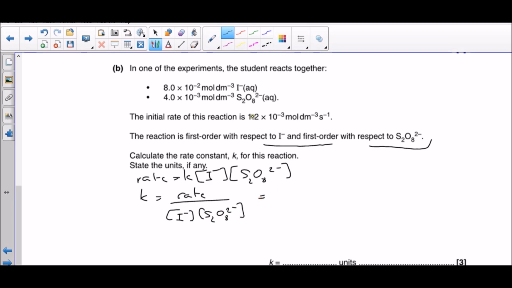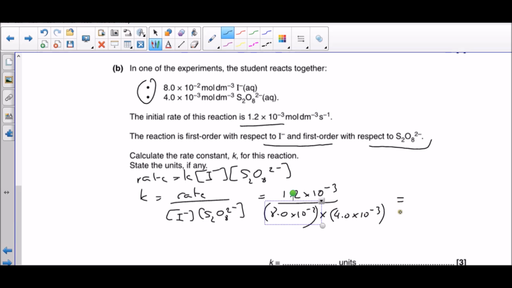And then we're going to put the numbers in, so the rate is here, and the concentrations are up here. And when we put that into the calculator, we get an answer of 3.75.